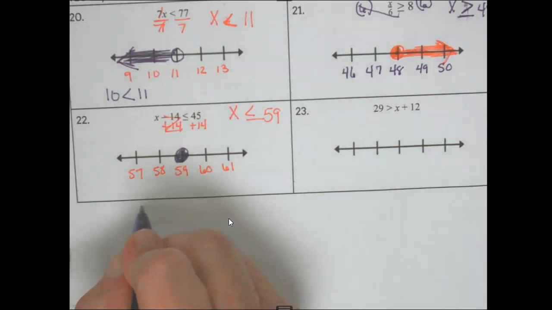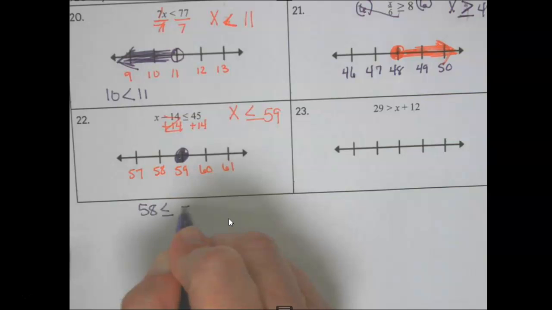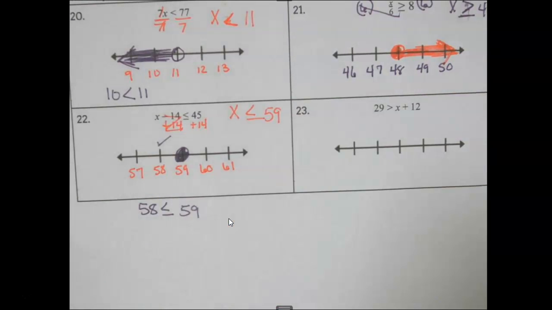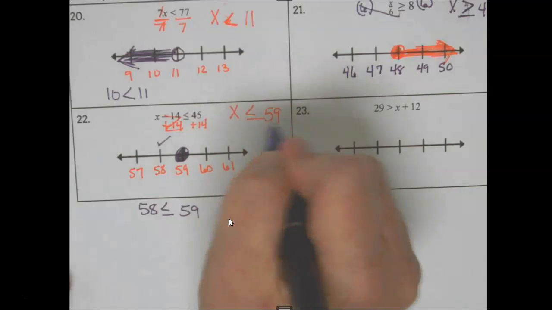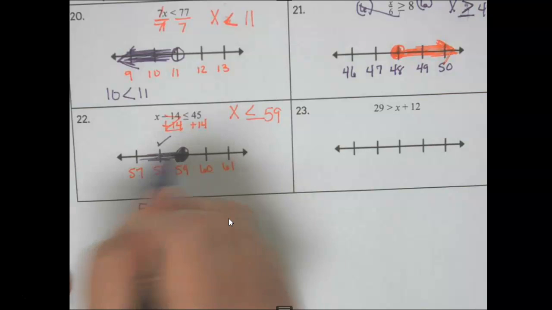And I can check. Is 58 less than or equal to 59? Yes. And remember, the bigger side is pointing to the bigger number. So I'm going to shade in this side.